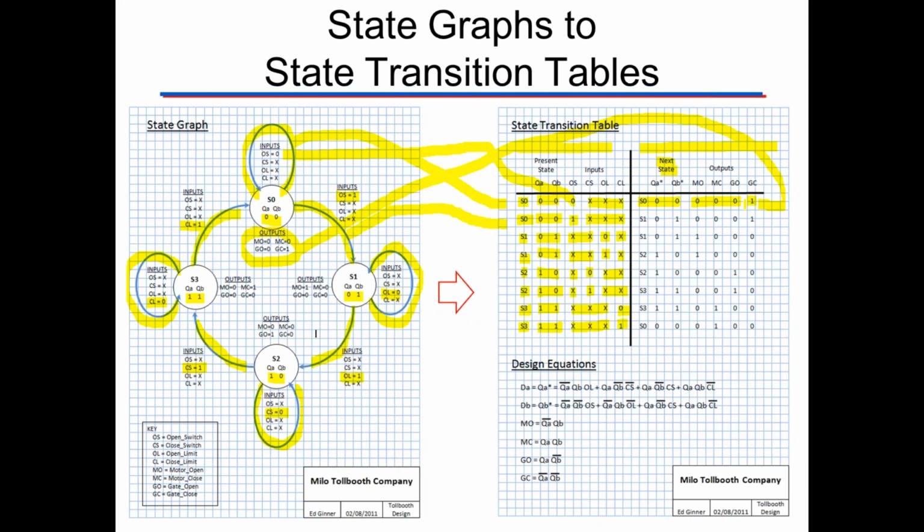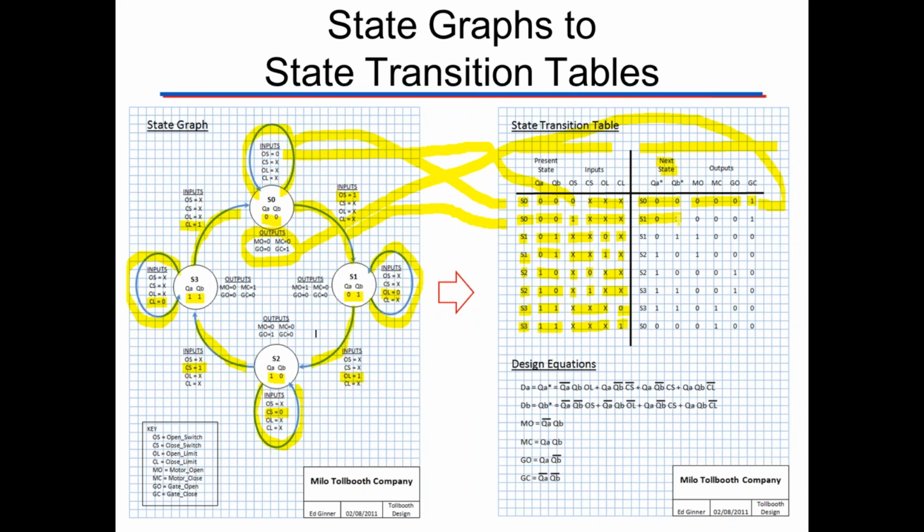So now here's what makes this state table work, makes the state machine work. This is our transition arc right here. That's where we transition to the next state, state 1. So what is the next state on that transition arc? Well, it's state 1. Remember, QA and QB goes from 0, 0 right here to 0, 1.